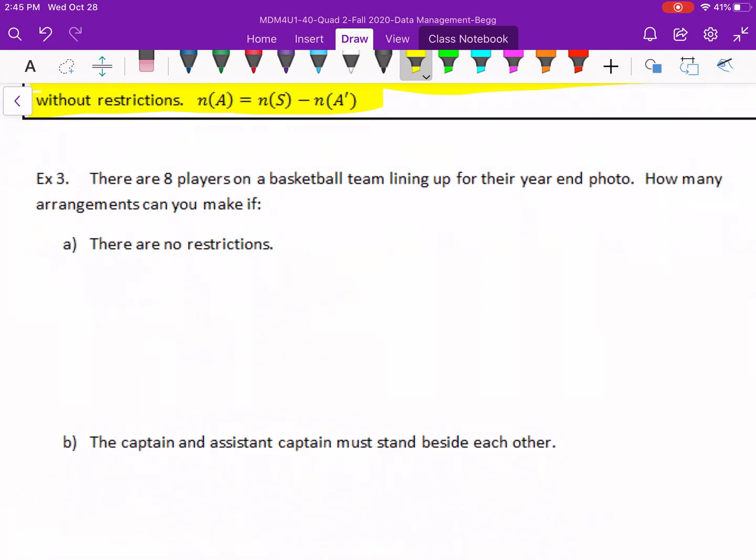There's 8 players on a basketball team lining up for the year-end photo. How many arrangements can you make if there's no restrictions? This is like an example we did in the last lesson with 8 books that we're lining up on a shelf. So it doesn't matter if it's people or books or whatever. We've got 8 things. And in this part where there's no restrictions, we're just lining them all up.